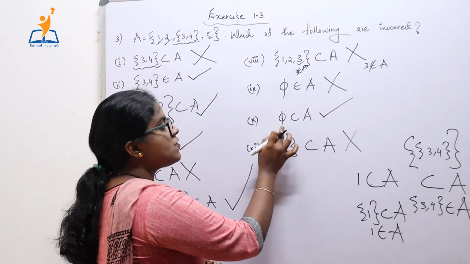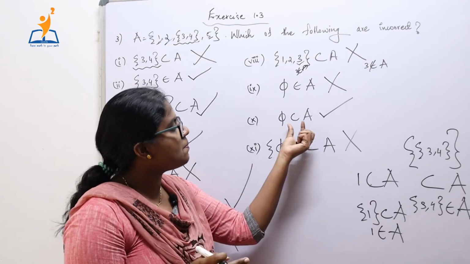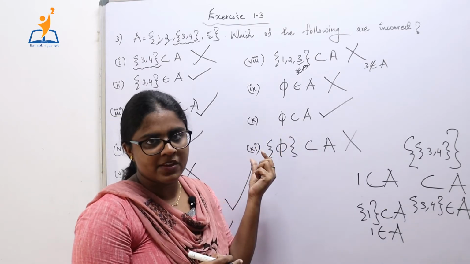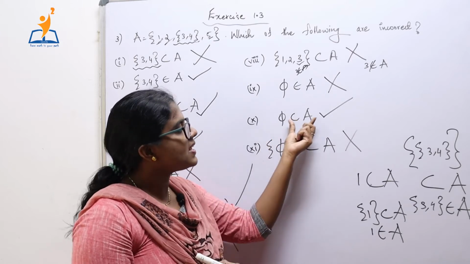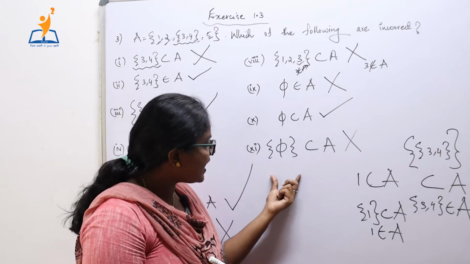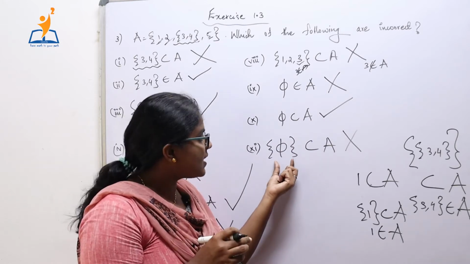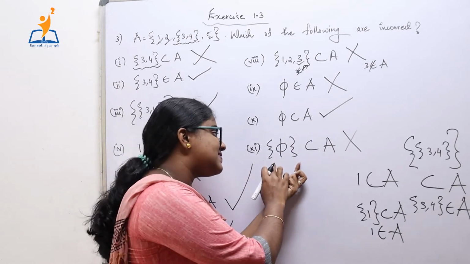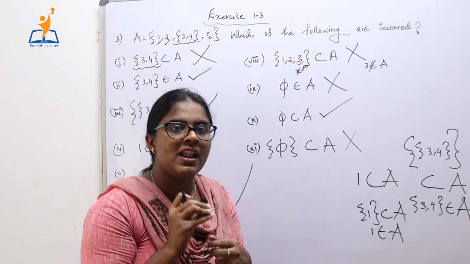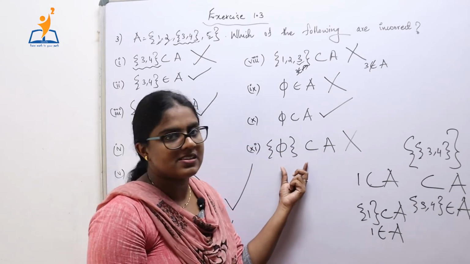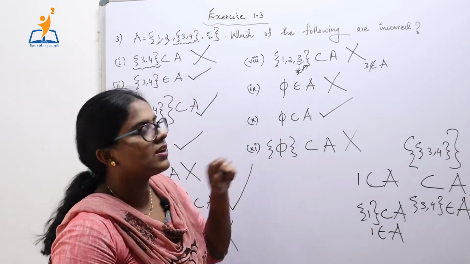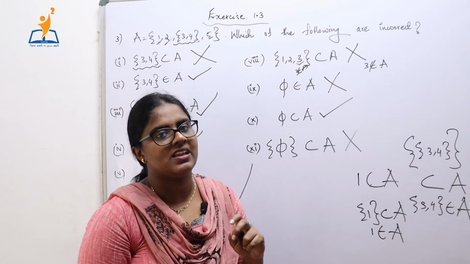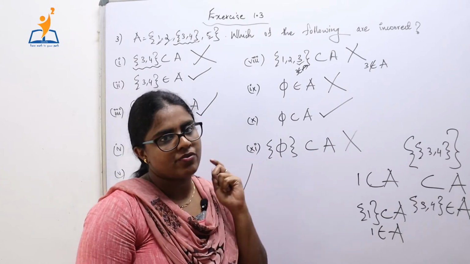This one is true because 5 means the empty set, and the empty set is always a subset of A. What is the difference between these two things? Here we have the empty set as a subset of A, and here we have a set which contains the symbol 5, and that element, this 5, is not present in A. So this is a false statement.